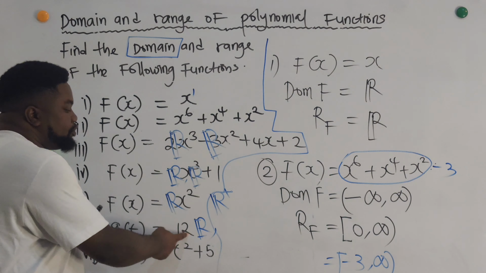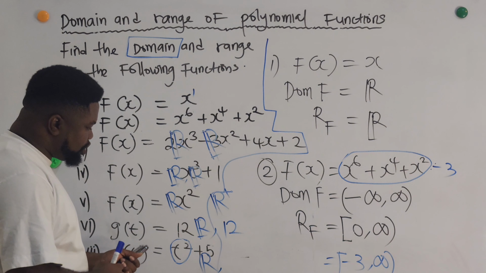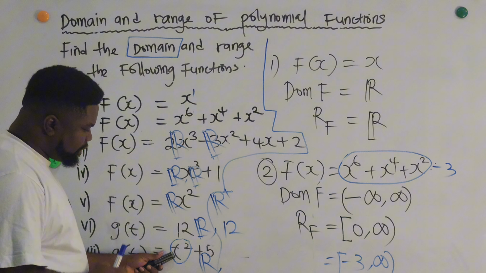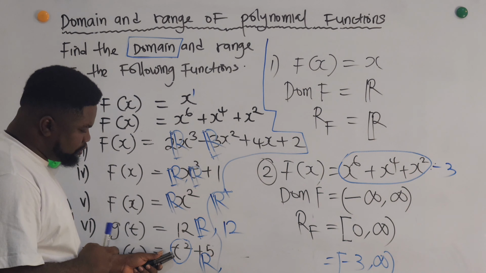So what do we do here? You know, this alone does not permit a negative output. Yes, I know you remember. So with this, my range here is going to start from 0 for only this, from 0 down to infinity. When t is 0, we have 0 squared, 0. But this plus 5 makes our function always start from 5.